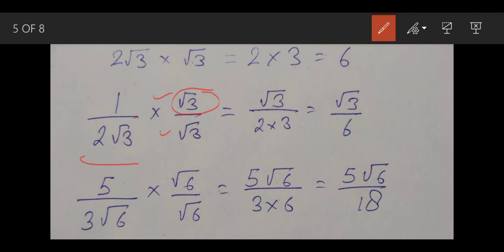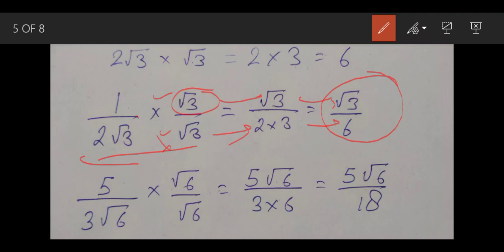So we will multiply numerator as well as the denominator by root 3. So 1 into root 3 will give root 3. 2 root 3 into root 3 will give 2 into 3, that is 6. We will get here root 3 upon 6. And we have rationalized the denominator.